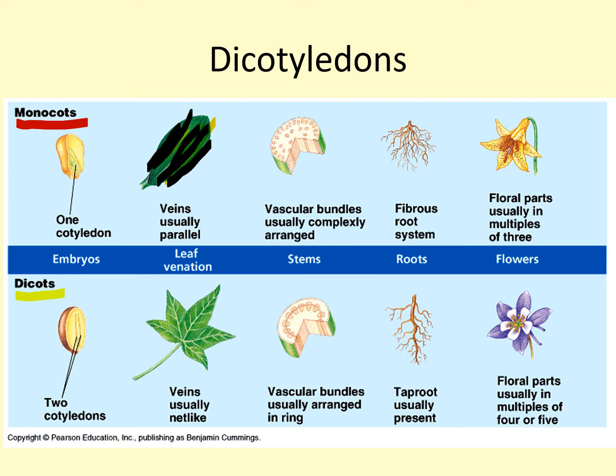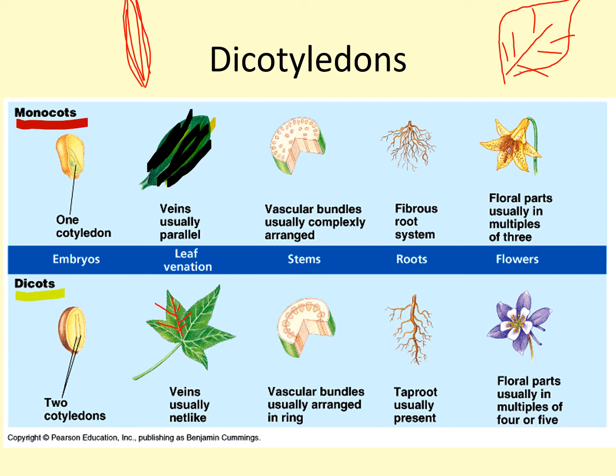So if you look at a grass, that's what happens. Whereas in a dicot, they have that central mid vein and then smaller veins coming off it. That typical leaf shape that you used to draw when you were a kid, that's a dicot leaf. Whereas a grass goes more like that.